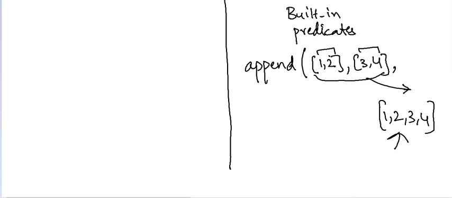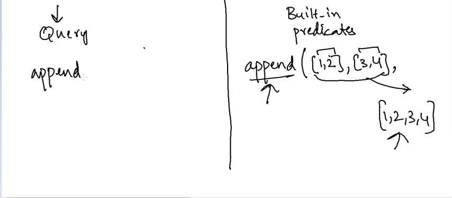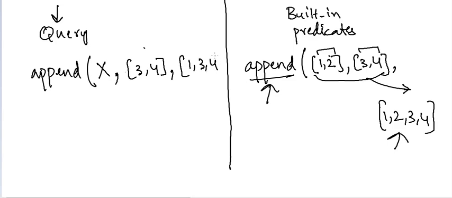So I can do something like this. I can use this built-in predicate and I can write a query. I'm going to say append, find out x for me, when this is the second array, and this is the final array 1 comma 3 comma 4.